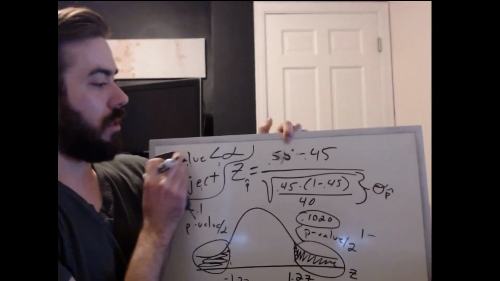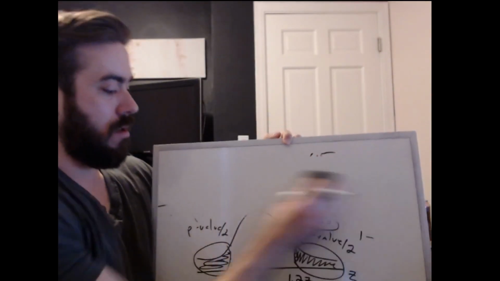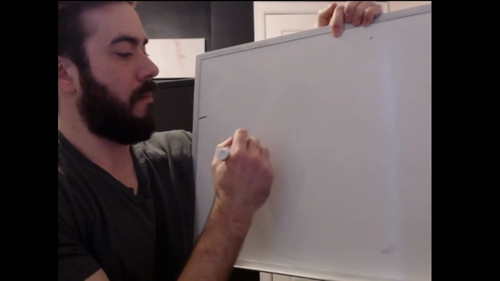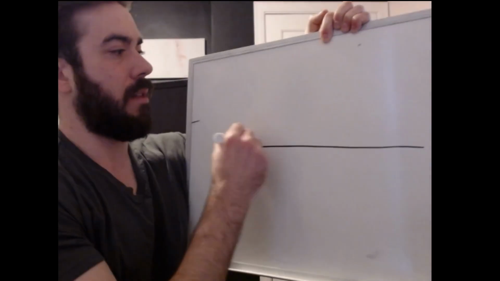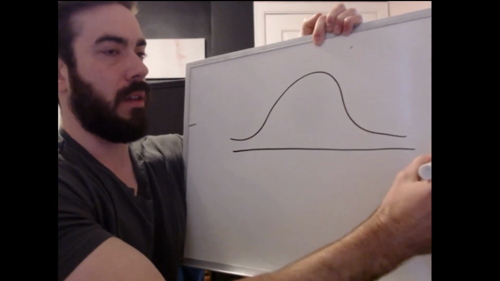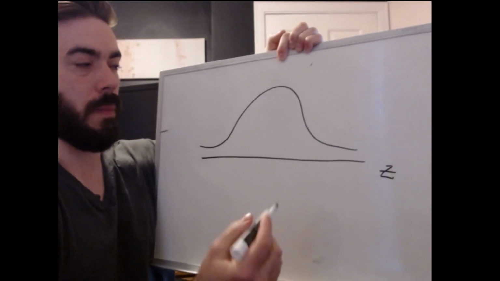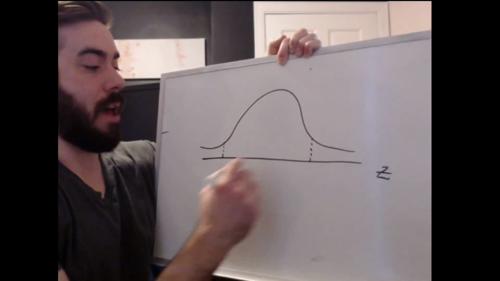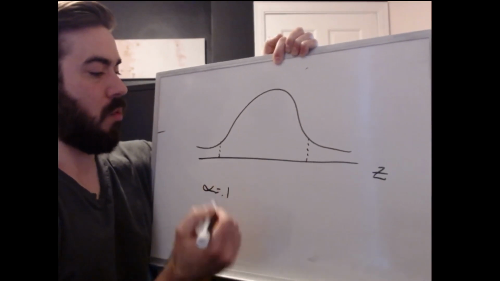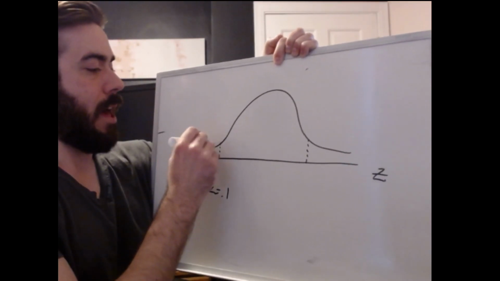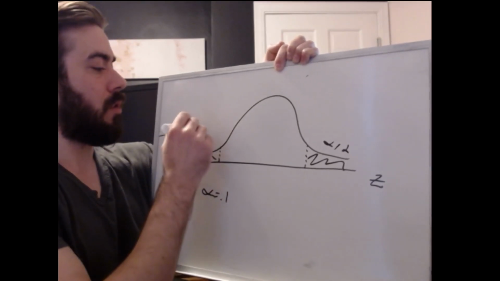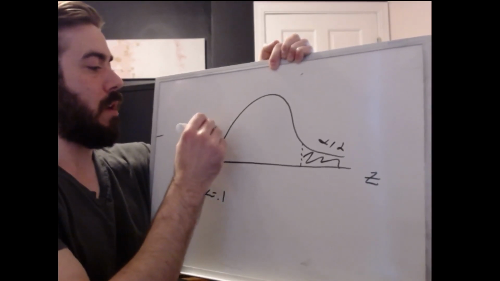So if we want to find these critical values, we're thinking about this standard normal distribution, because I'm dealing with sample proportions. So if I've got an alpha of 0.1, then I've got alpha over 2 in each tail if it's a two-tailed test. So 0.1 over 2 or 0.05.